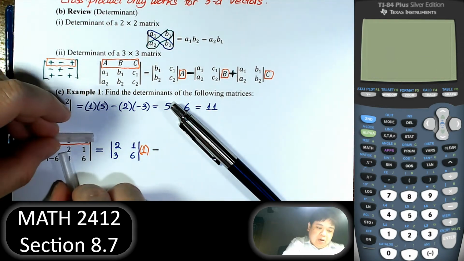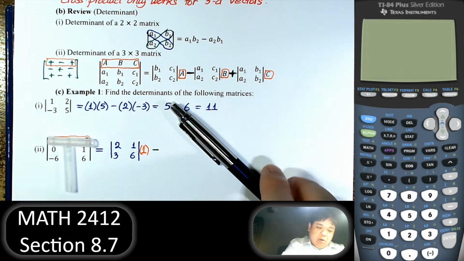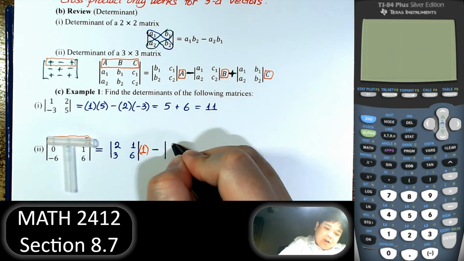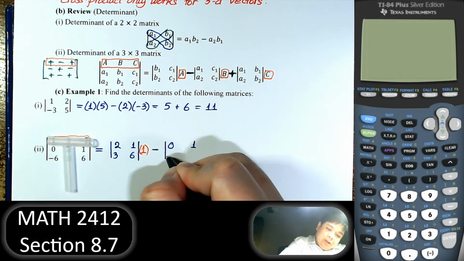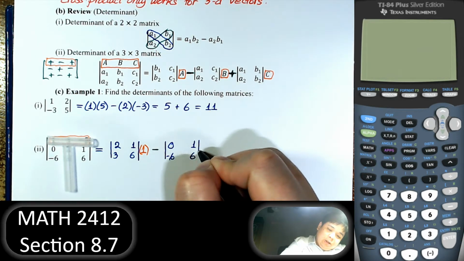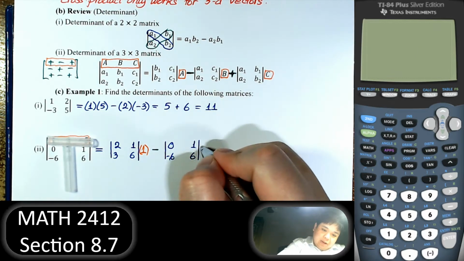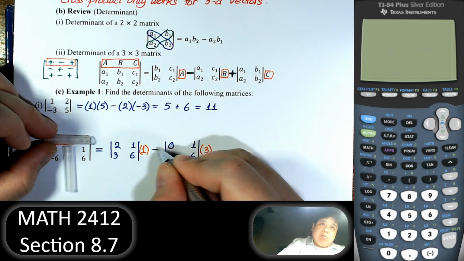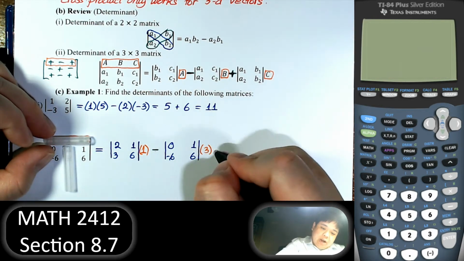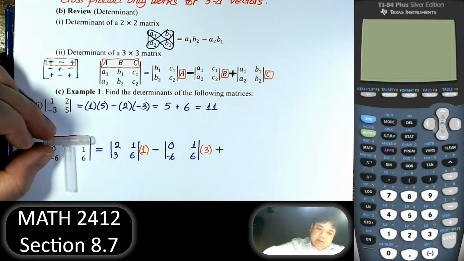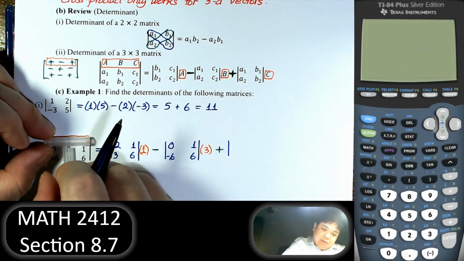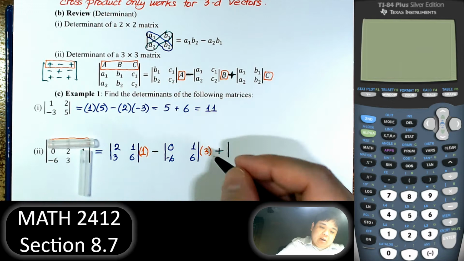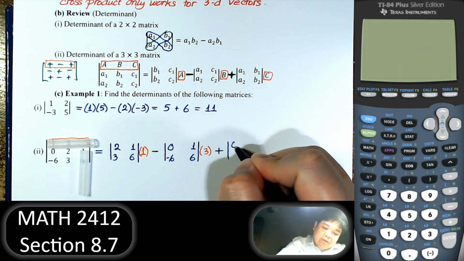Next component is 3, so we cover the row and the column containing 3. We are left with the 2 by 2, and that was 3, but with the minus. And then we're going to add that -5, covering the row and the column containing -5.